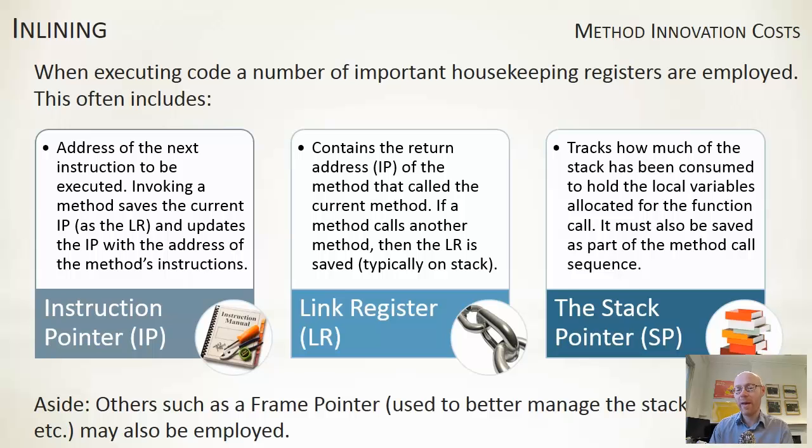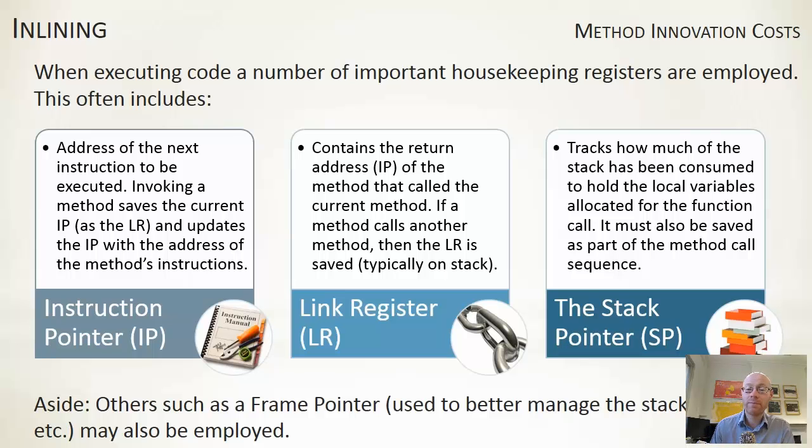So if I call a method, I'll push onto the stack the link register where I should resume from after I finish that method. If that method itself calls another method, then as part of that invocation, I'll push on a new link register so that I can chain my way back up until the first call.